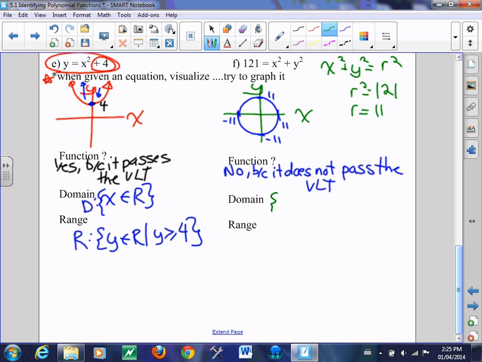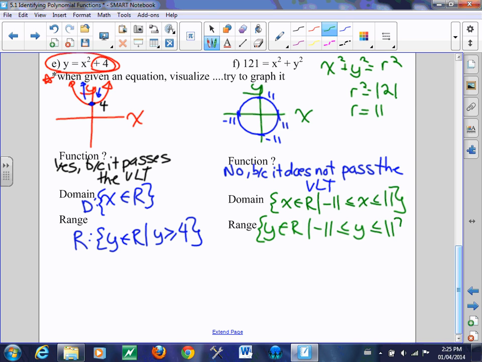First of all, since we have a solid line, we're dealing with a relation such that our minimum, -11, is less than or equal to x, which is less than or equal to our maximum value. And that's the same for y. So when you've got a circle, you're going to have the same restrictions on both variables as long as it's centered at the origin, which in most cases it is.